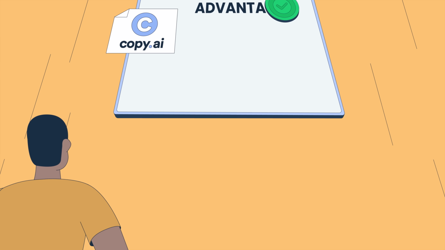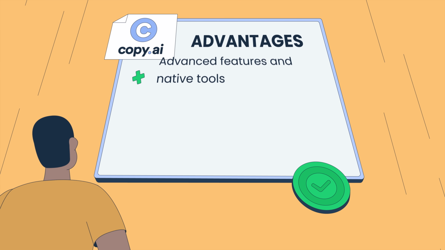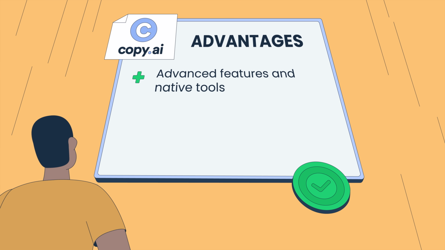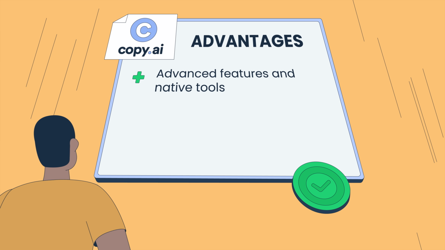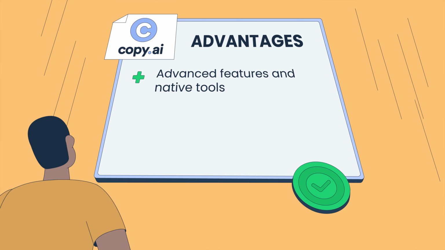Copy AI offers a range of advanced features that you can't find in ChatGPT, such as automated workflows that allow you to create multiple content campaigns simultaneously, and native tools, including a prompt improver, brand voices, an info base, and a pre-built prompt library.